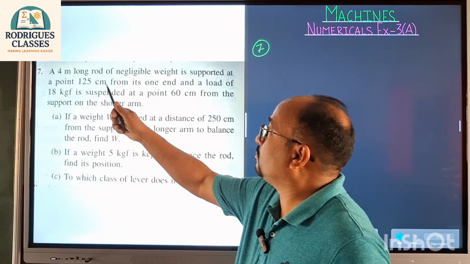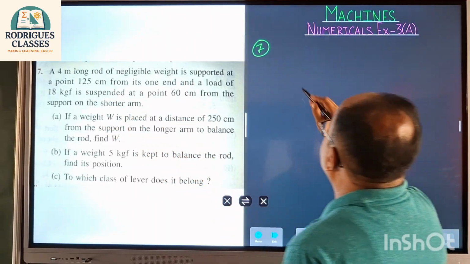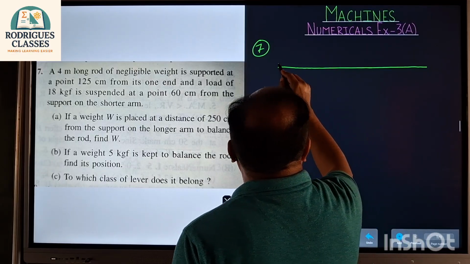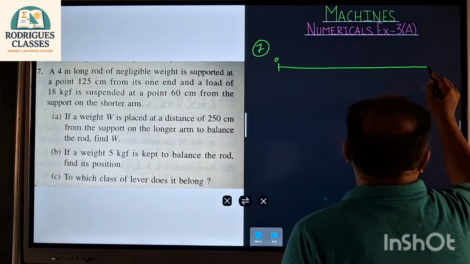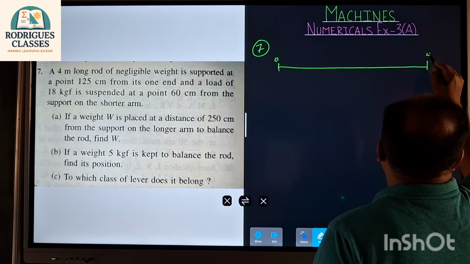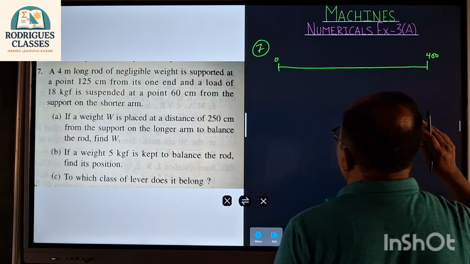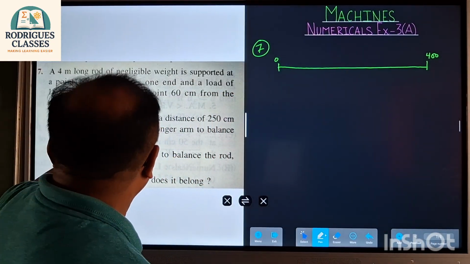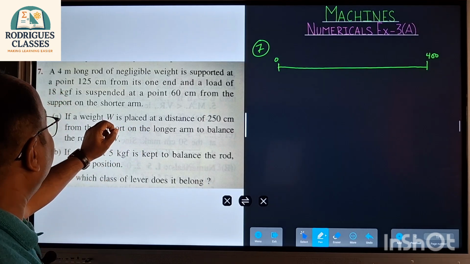First of all, a 4-meter long rod is there. So this is my 0 part. This is my 4-meter part, which I will write as 400 centimeter. Okay. Now, understand what is being done.